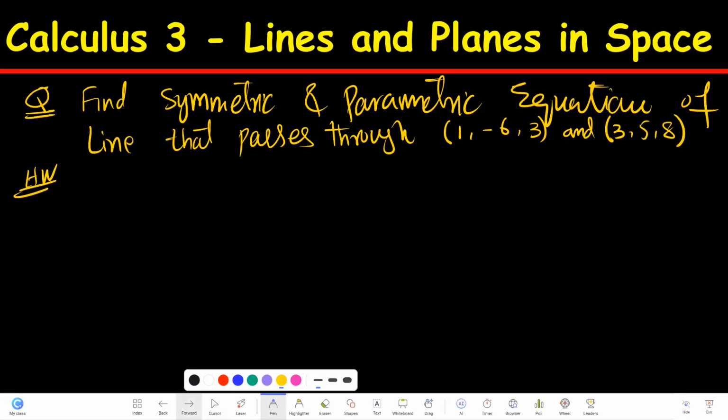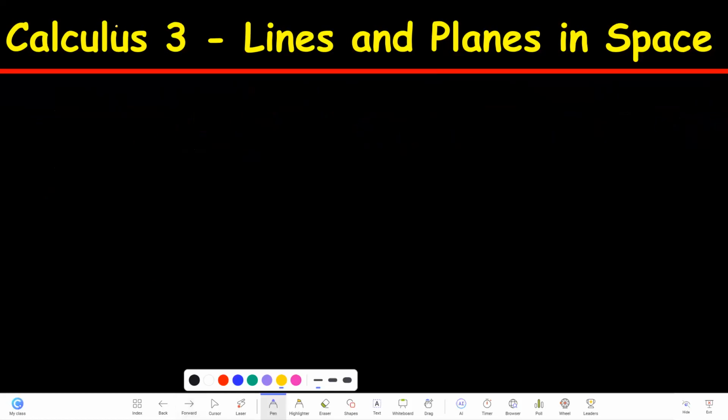Let me jump into another topic. Now I'm going to be talking about planes and lines in space. There is one line, and there is another line, line 1 and line 2. I combine these two lines. You can find the equation for this and the equation of this.